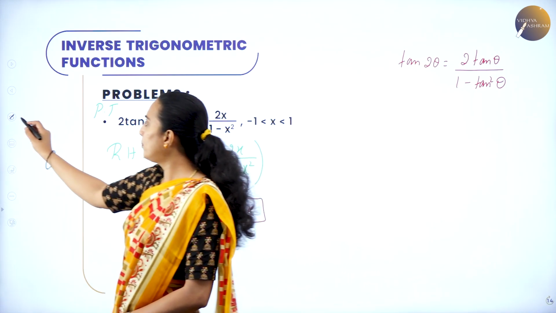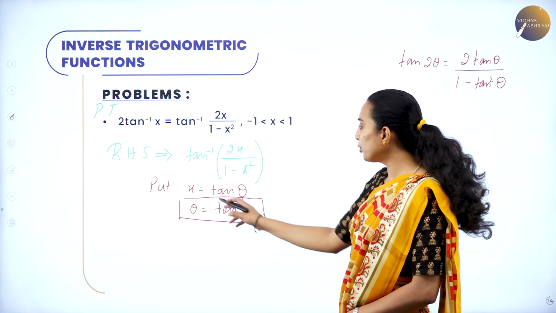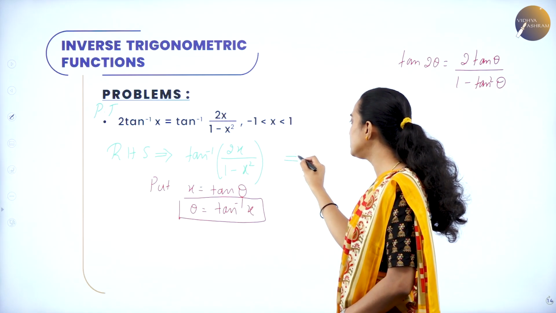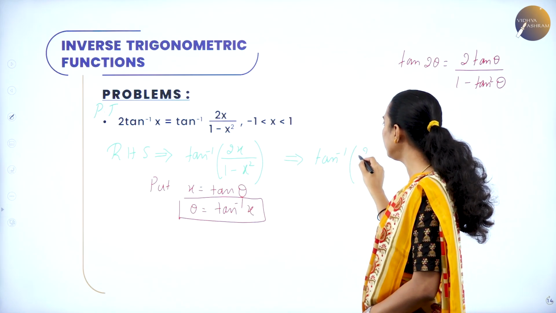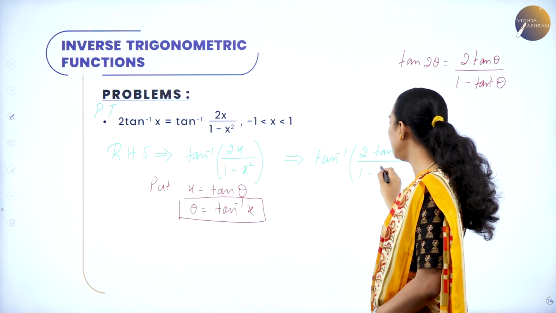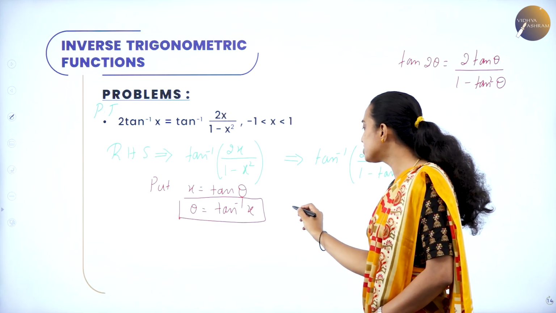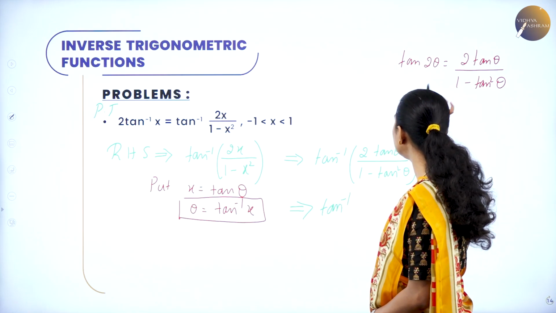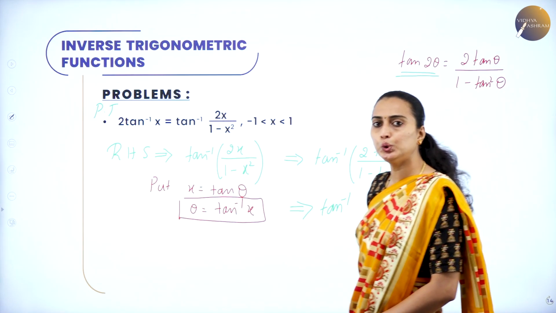Now let me move to the proof. What is that property proof? I have taken the RHS. I am going to substitute x equal to tan theta, which implies tan inverse of 2 tan theta divided by 1 minus tan squared theta, which can be written as tan inverse of, dear students, please see here, 2 tan theta divided by 1 minus tan squared theta can be written as tan 2 theta.